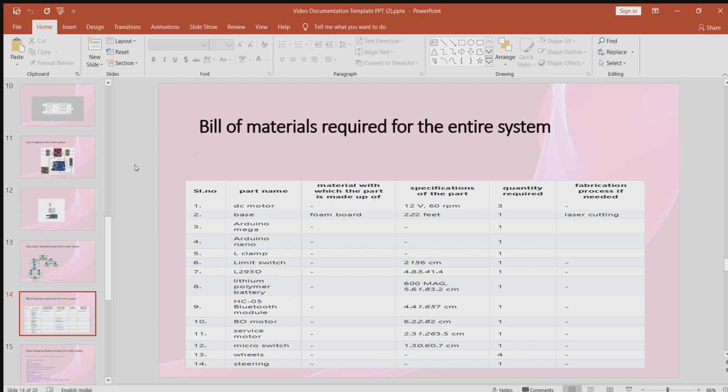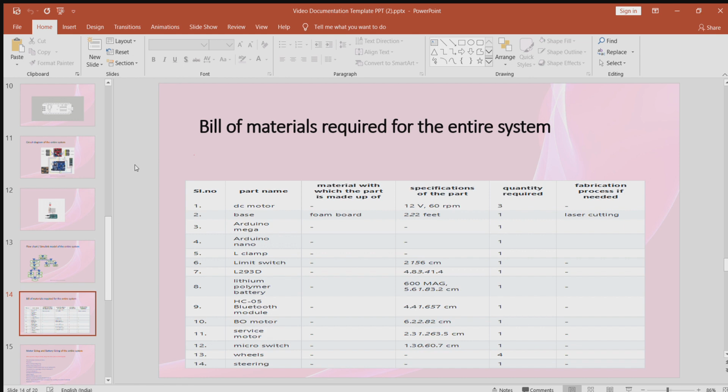The bill of materials. Here is the list of the materials which are required for building this machine. It consists of a DC motor which is 12 volts of 60 RPM. We require 3 DC motors. Base foam board 2 x 2 x 2 feet, 1, which can be fabricated using laser cutting.